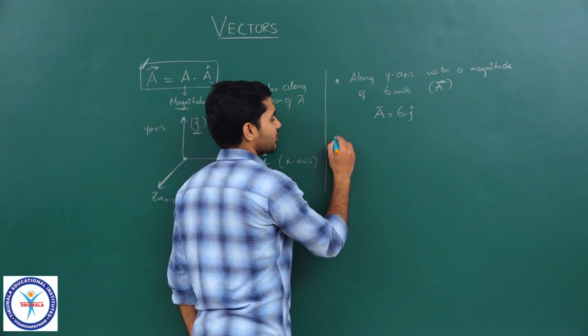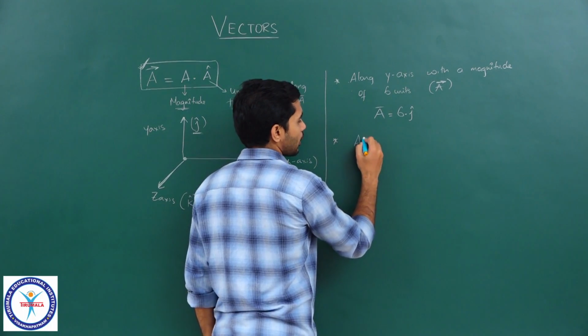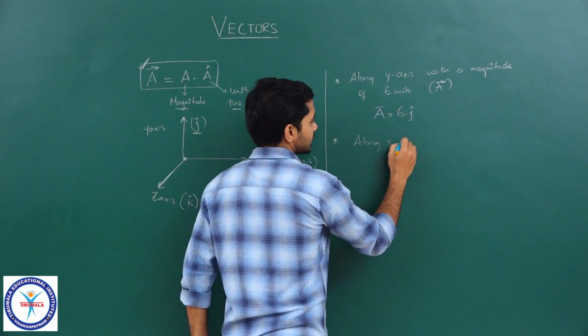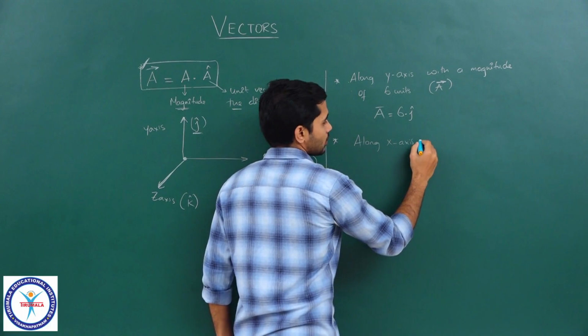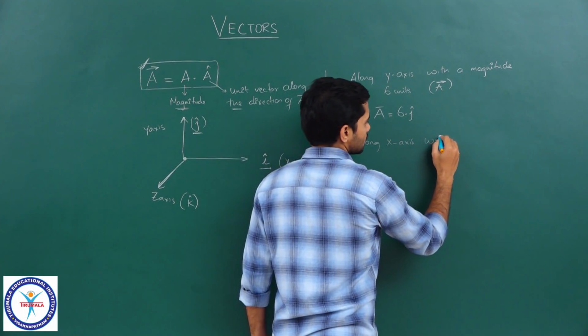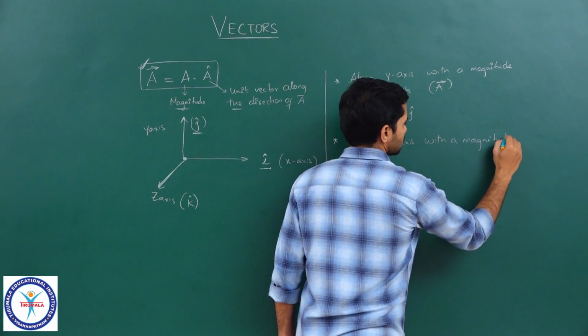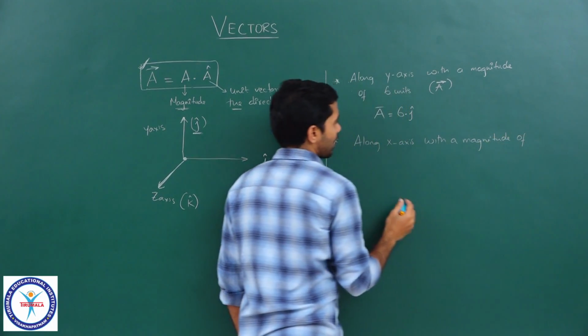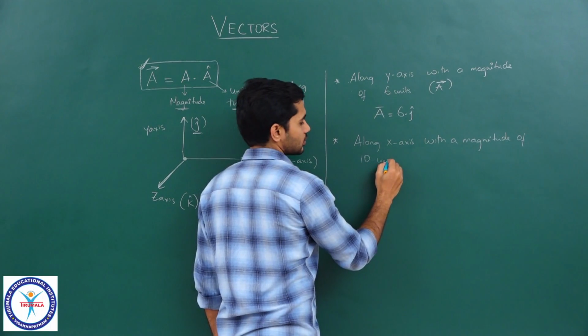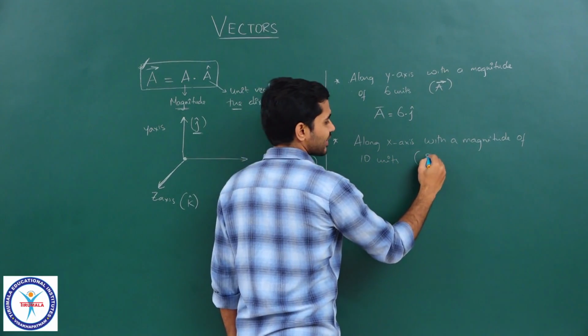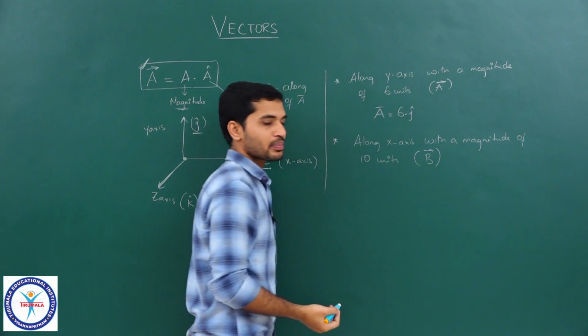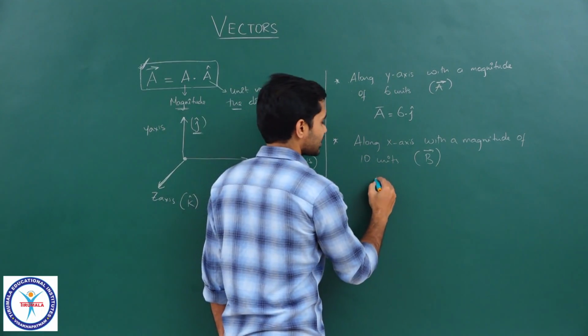Similarly, let us say if I have a vector along x axis with a magnitude of 10 units. So let us call this vector b bar. So how do we represent that vector? So it is represented in this manner.